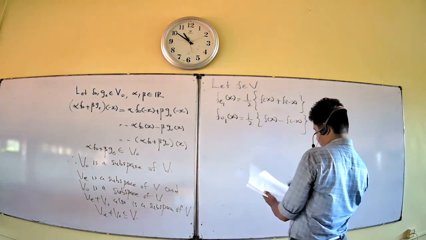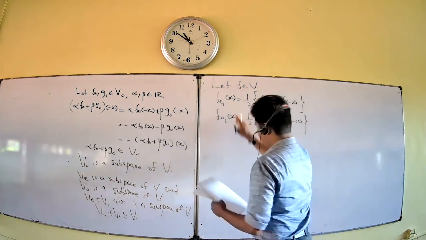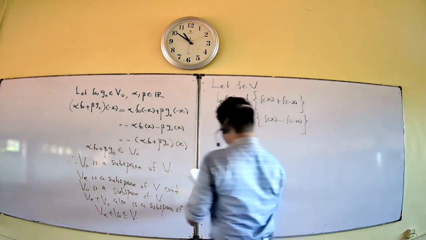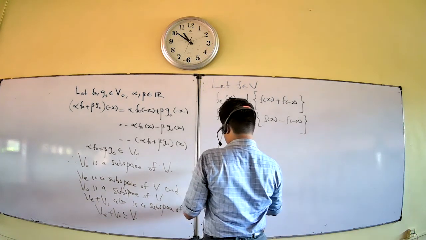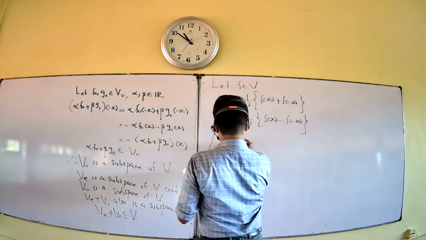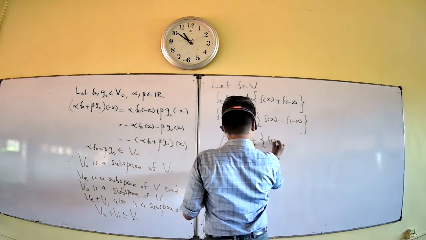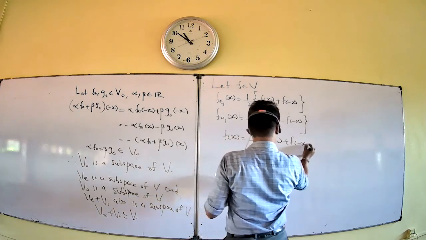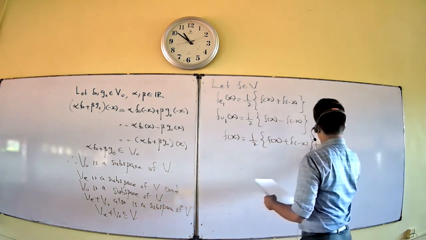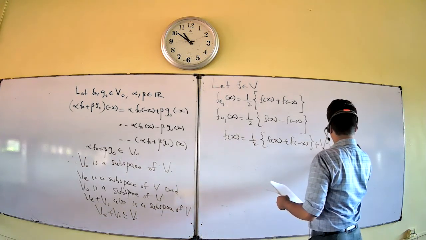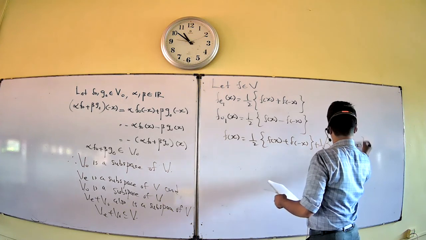So this is an even function, this is an odd function. So you can write f of x equals half times f of x plus f of minus x, plus half times f of x minus f of minus x.